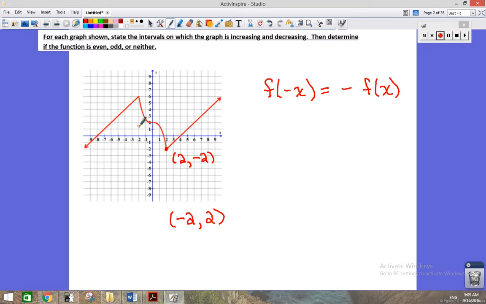I would expect to see negative 2 comma 2 as a point on the graph, and it's not. Now if it were, I have to be careful. It has to be true for all points, not just a point that I select. But here I clearly find a counterexample that this is not an odd function. So since it's not odd and it's not even, we say that it's neither. So I hope that helps.